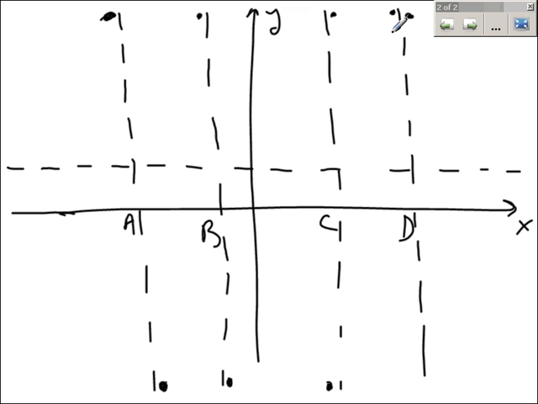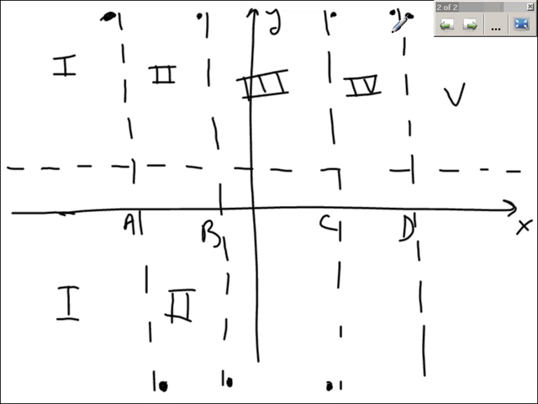Now, we broke this graph into a few regions. Region 1 is to the left of A. Region 2 is in between A and B, which is down here as well. Region 1 is there. Region 3 is between B and C, 4 between C and D, and region 5 greater than D. Let's do the extreme ones.